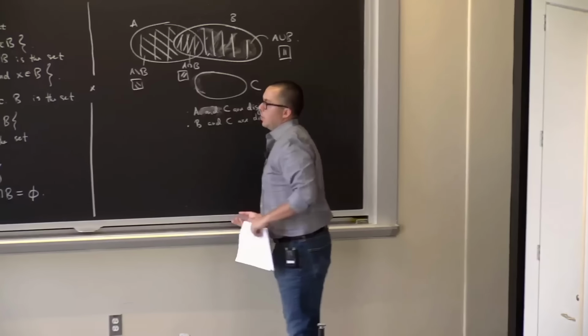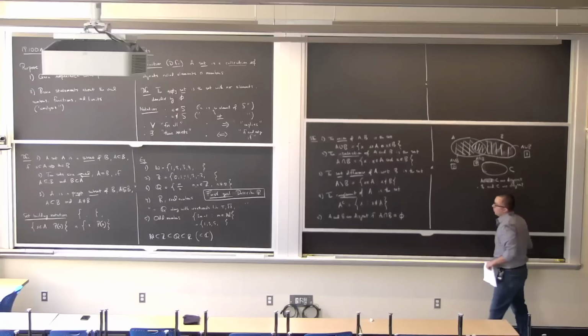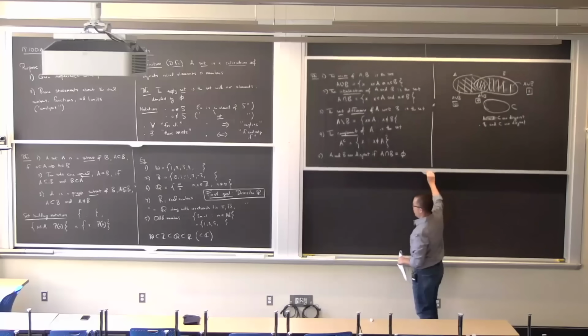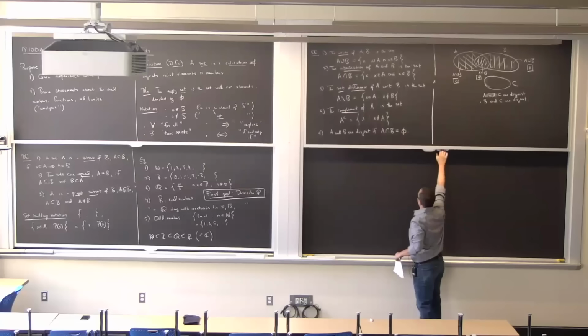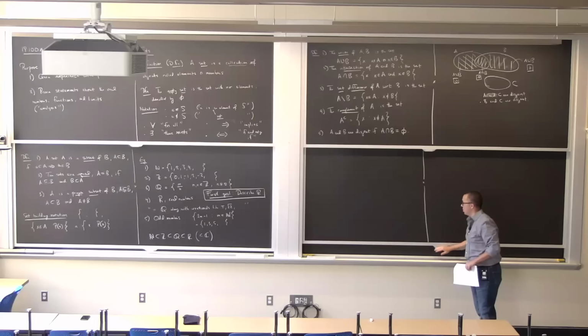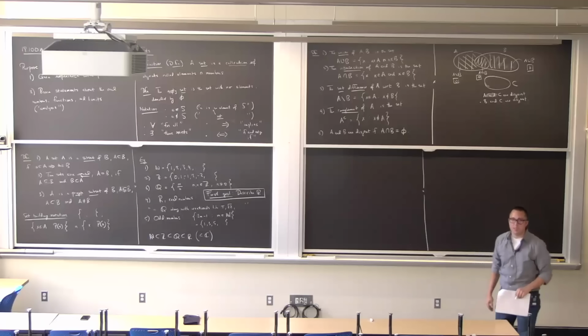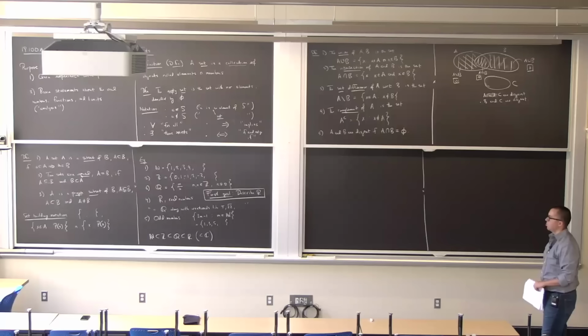Okay, so this is a lot of definitions. We have not proven a single statement yet, so it's about time we do. This is probably one of the most basic theorems one can prove at the start of a real analysis class or any class about proofs.